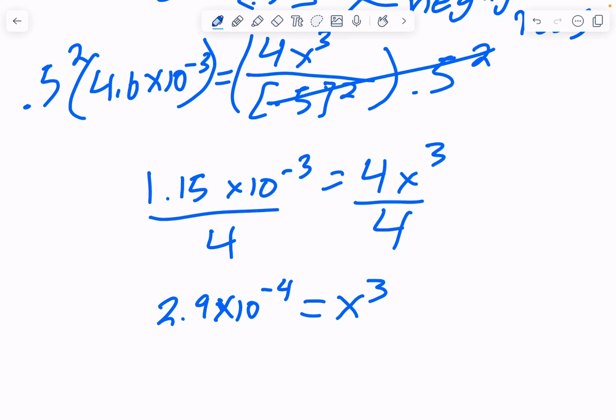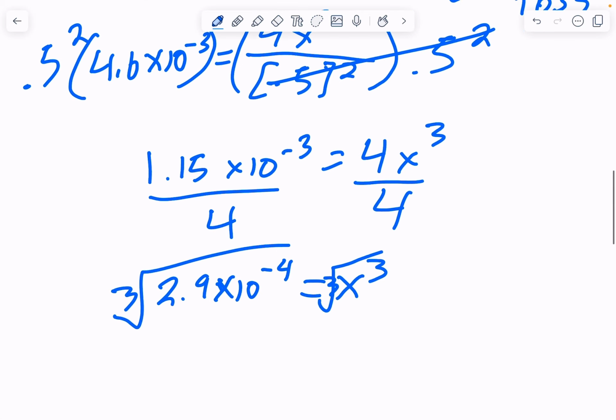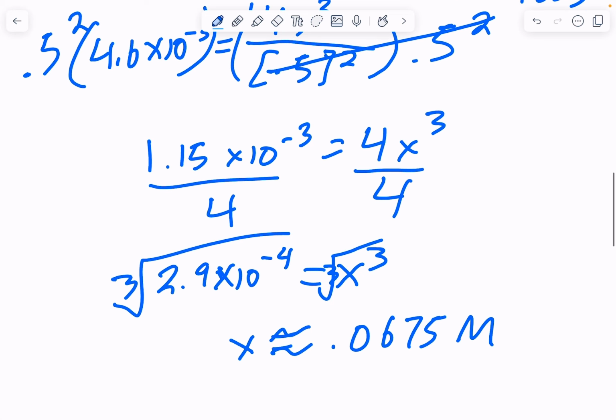Okay, last step, cube root that. I know there's a lot going on here, but we're just solving for x, and x is going to equal approximately 0.0675 molarity. Okay, and that's x.